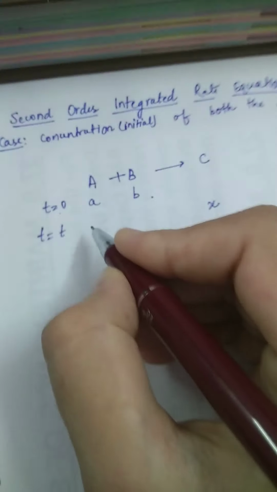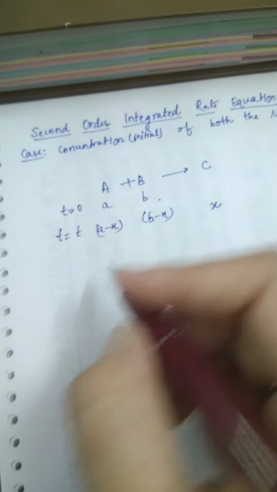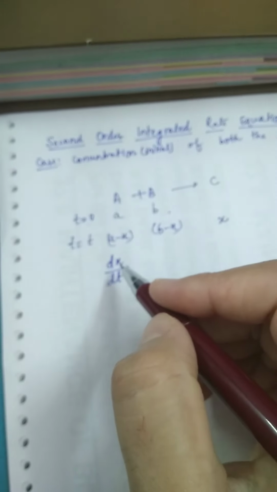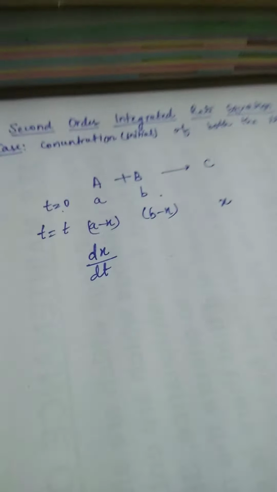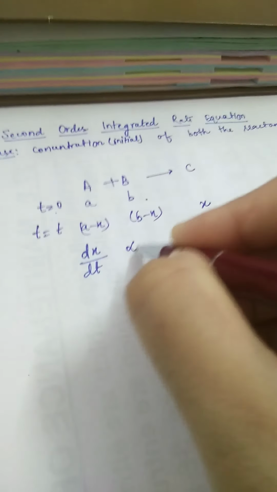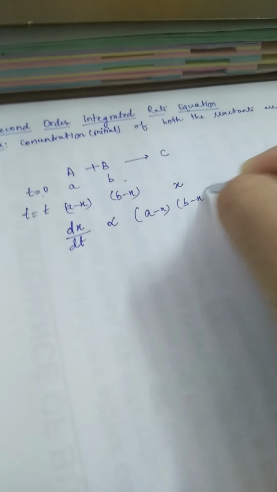Let's suppose at a time t equal to t the concentration of C formed is x. So our concentrations of reactants will be a minus x and b minus x. We have to write down the rate of reaction, which becomes dx by dt, that is the rate of formation of product with time. This is directly proportional to the product of the concentrations of both the reactants.